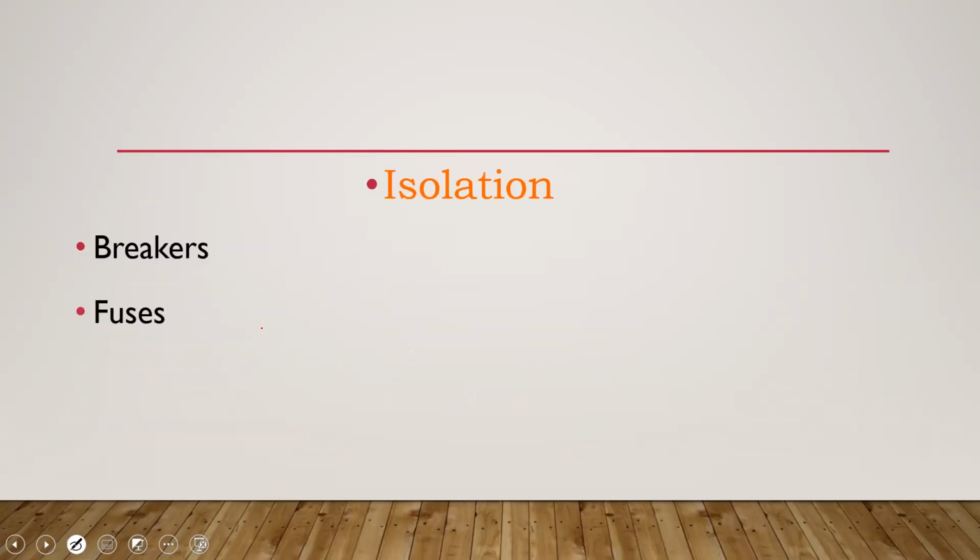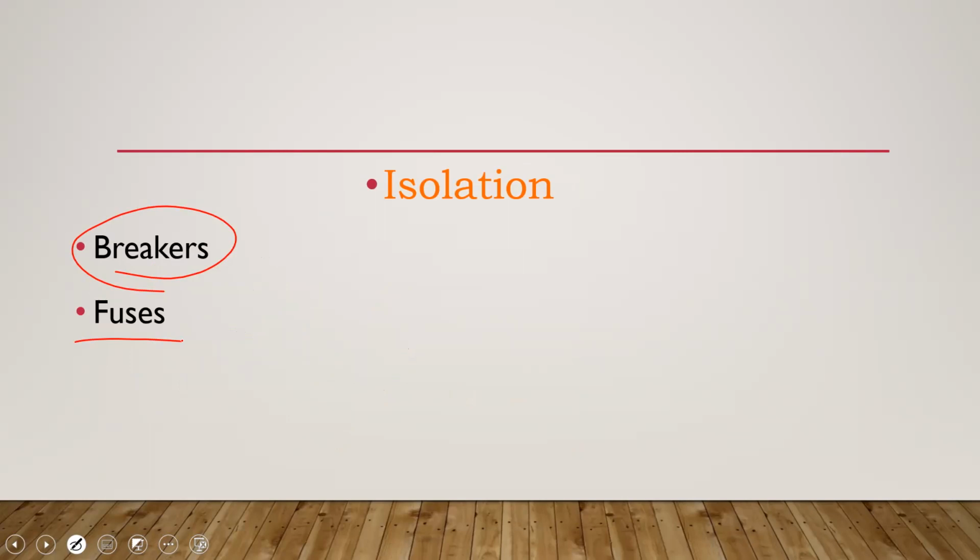And then for isolation, we're talking about your breakers and your fuses. All right. And there are different technologies for your breakers. I believe by now JPS has removed all its oil circuit breakers. Let me not speak too much on that.